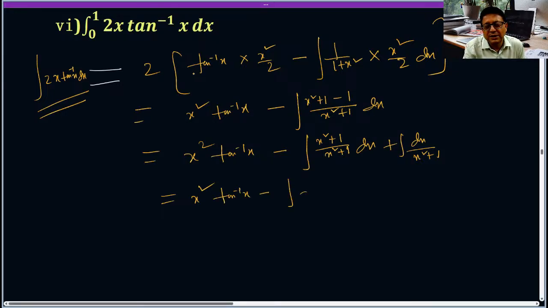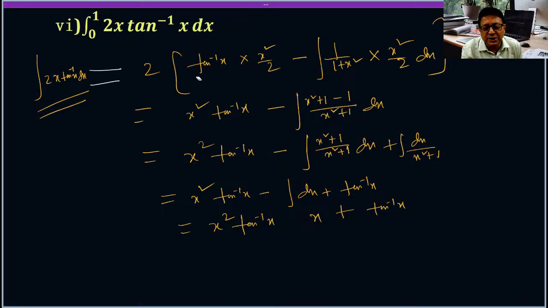This one is integration of dx, this one tan inverse x. Plus tan inverse x.